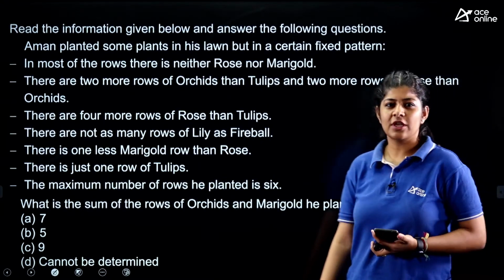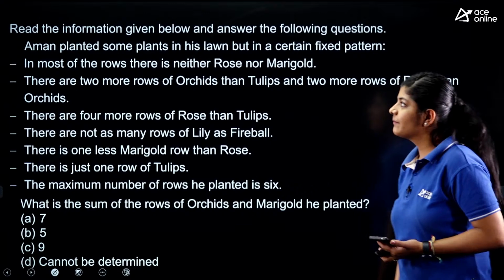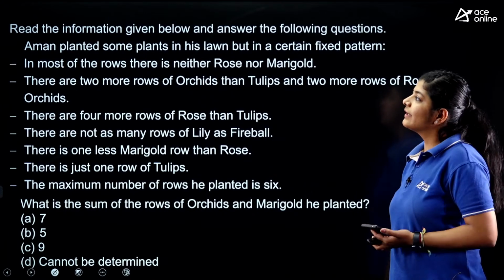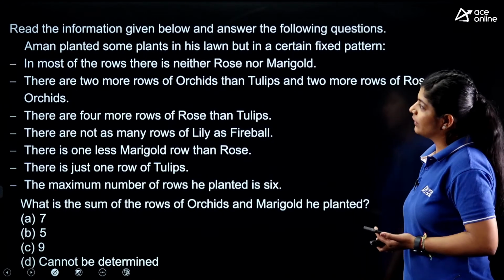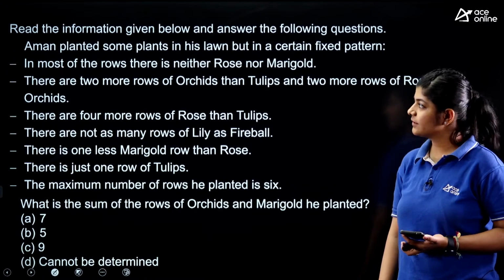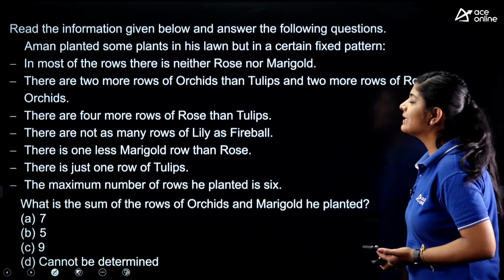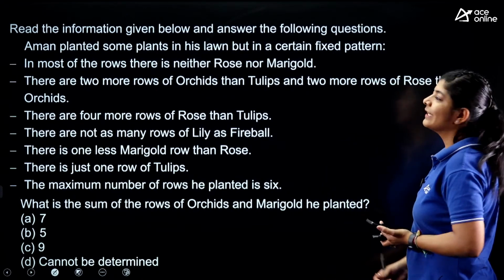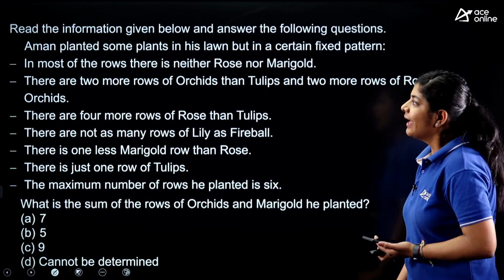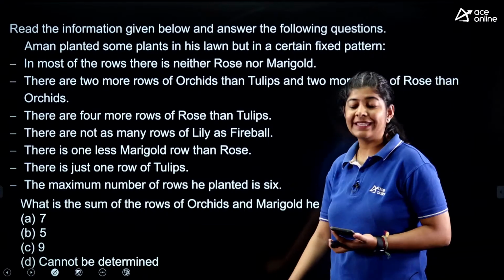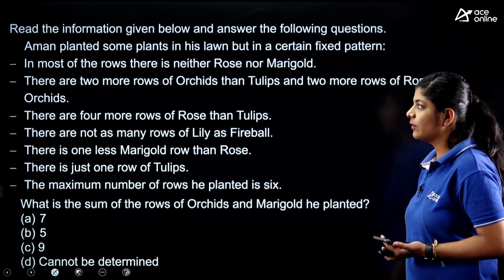The next question is again from the concept of puzzles. Read the information given below and answer the following questions. The question is saying that Aman planted some plants in his lawn but in a certain fixed pattern. In most of the rows, there is neither rose nor marigold.